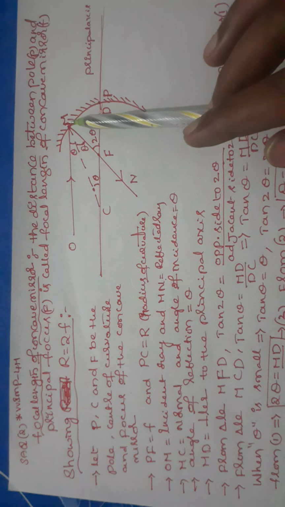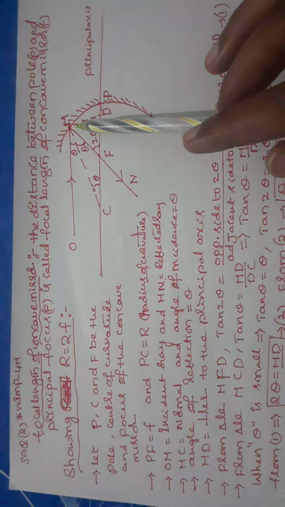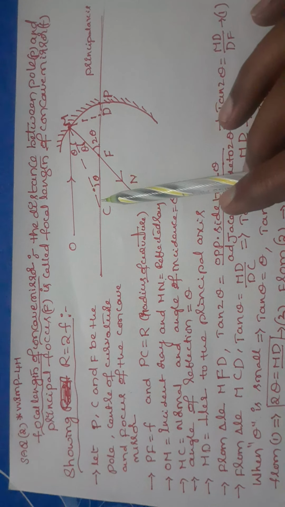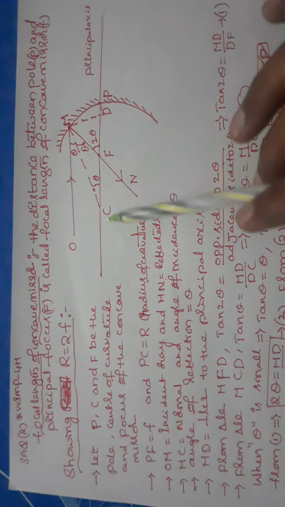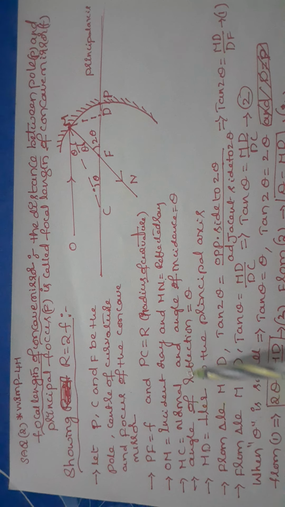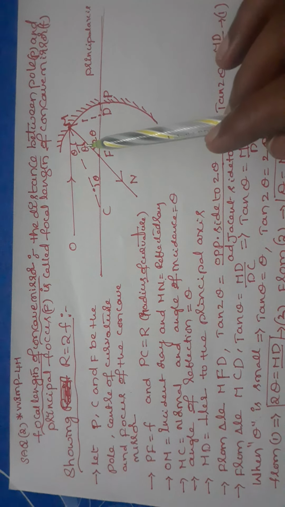So MN is the reflected ray, and between the incident ray and reflected ray, a normal is drawn in the form of a dotted line. It meets the principal axis at the point C. So MC is the normal, and angle of incidence is theta, angle of reflection is also theta.